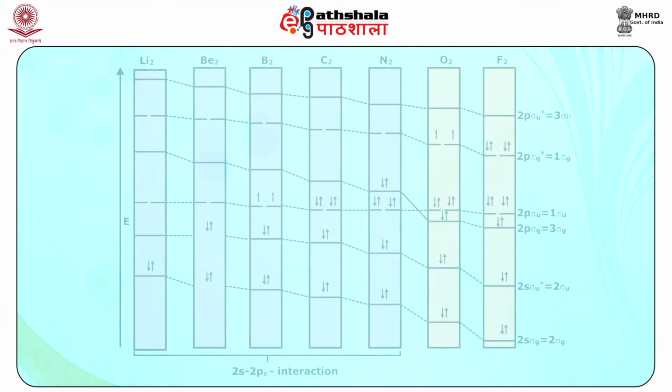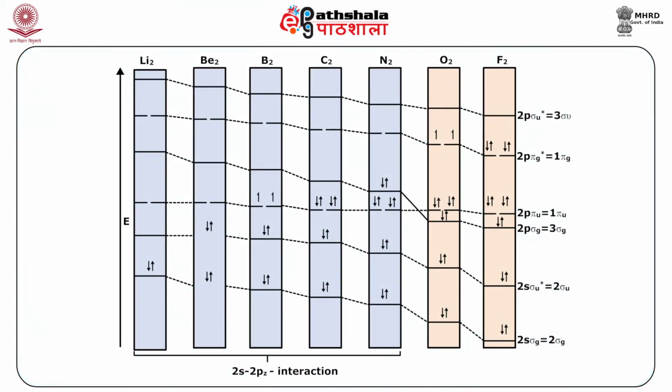So, every state except the one for which lambda is equal to 0 has 2 possible values, plus or minus lambda, and so the degeneracy is 2, except for lambda equal to 0, where the degeneracy is equal to 1.